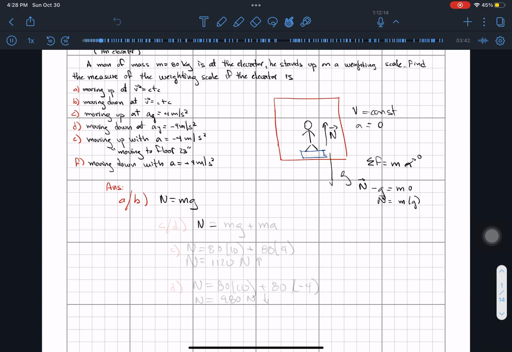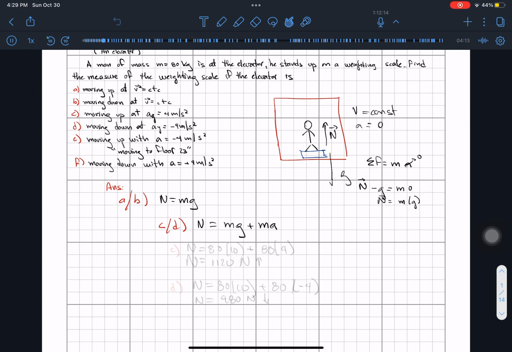The normal force will be equal to mg plus ma. This is the answer for C and D.